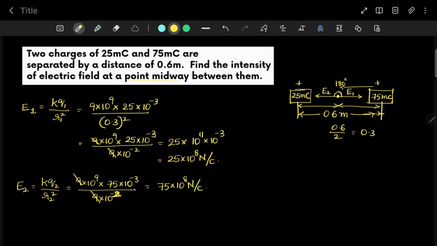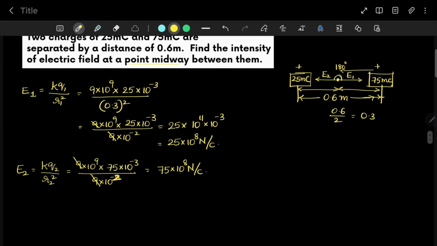Now, these both electric fields are acting at how much angle to each other? It is at 180 degrees. Therefore, E resultant will be equal to square root of E1 square plus E2 square plus 2 E1 E2 cos 180. Resultant we have to find, that is the concept of the principle of superposition.